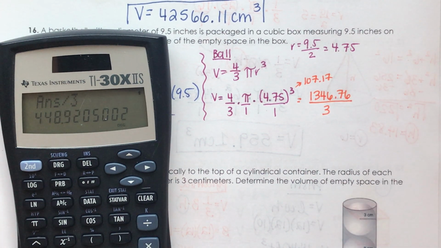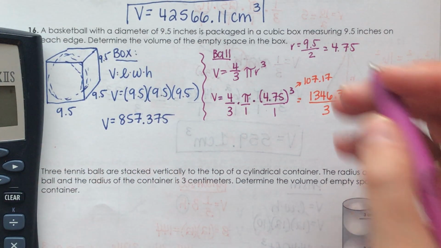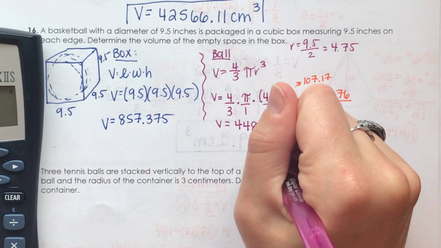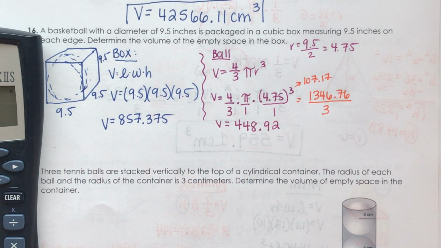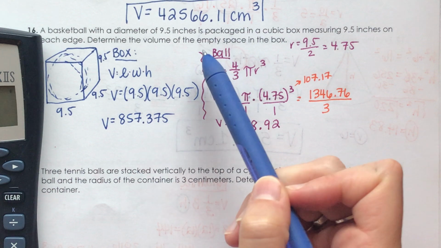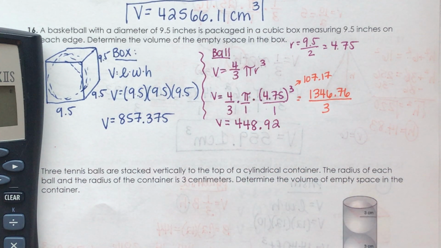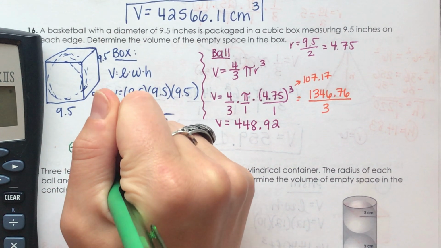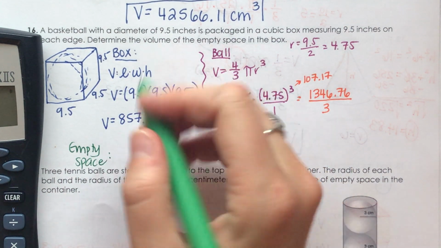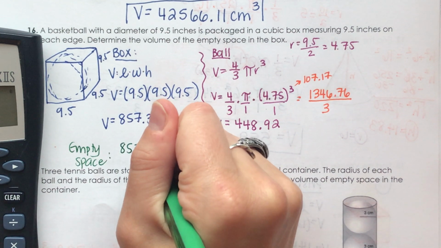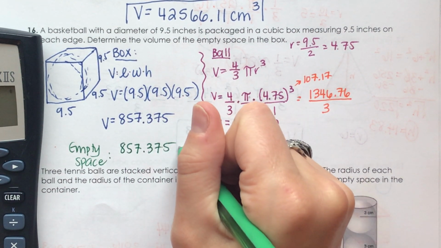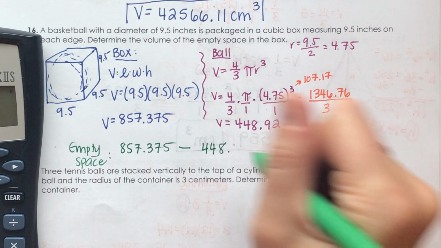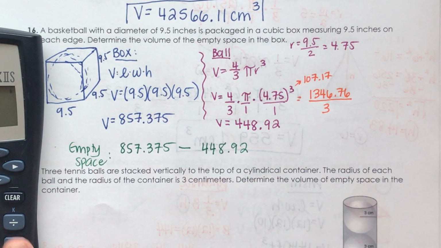I get that the volume of the ball equals 448.92. Now, to find the total empty space that's left over, I'm going to take the volume of the box, 857.375, and I'm going to subtract the volume of the ball, 448.92.